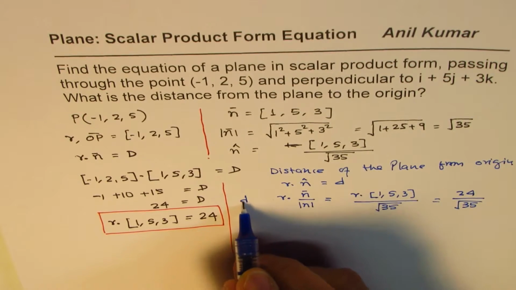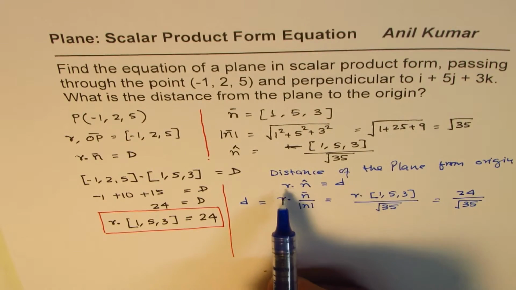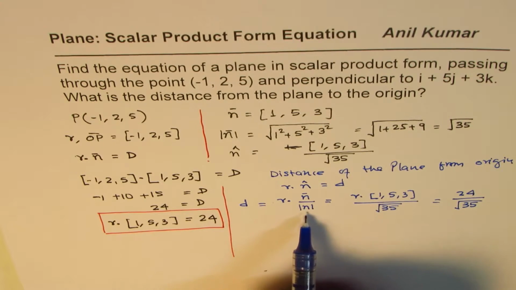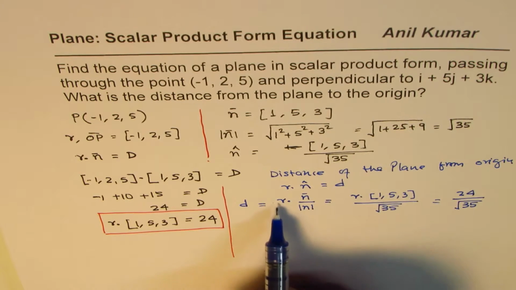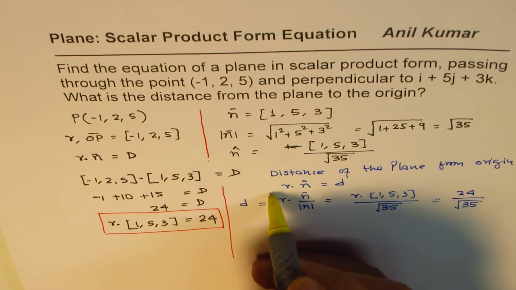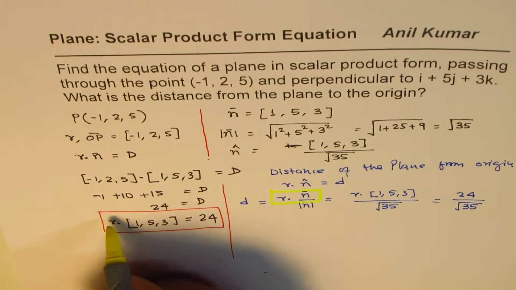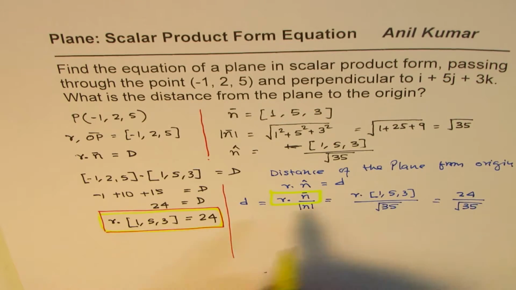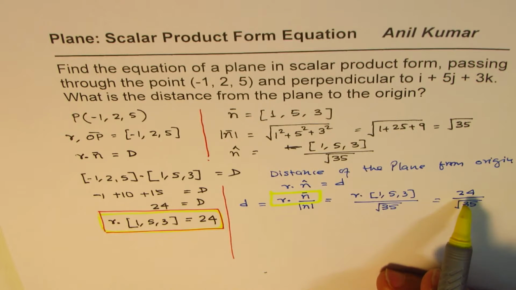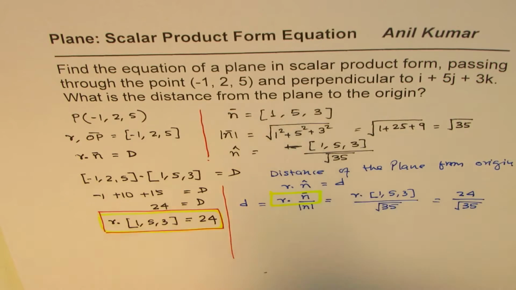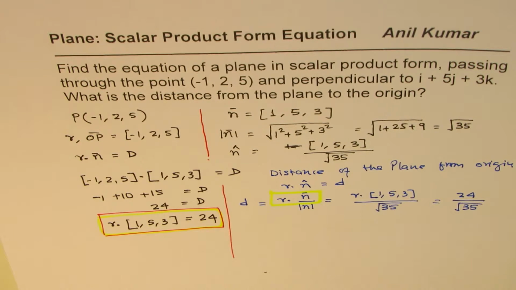So we know this d is basically equal to r dot unit vector, and the unit vector is the vector divided by its magnitude. And the product in the numerator, r dot (1, 5, 3), is 24. So if I divide that by square root of 35, the magnitude of the normal given to us, we can straight away get the distance, right?